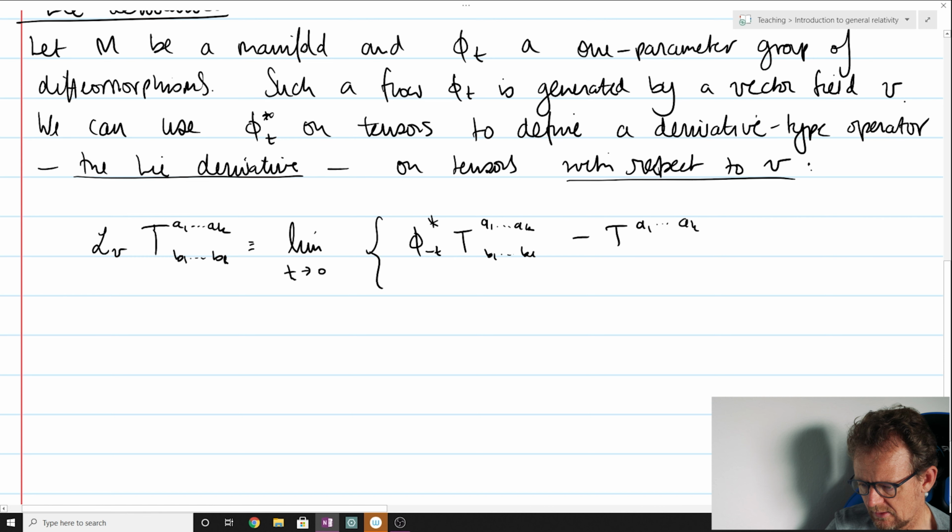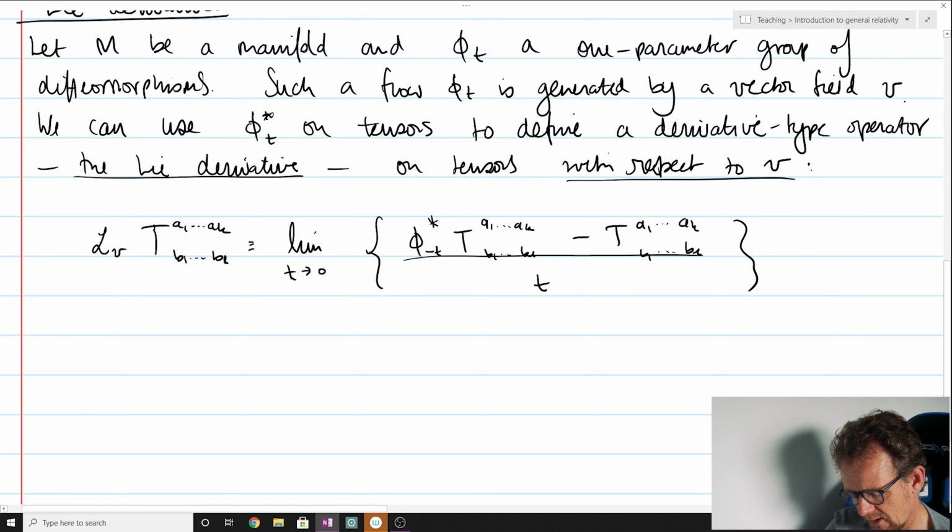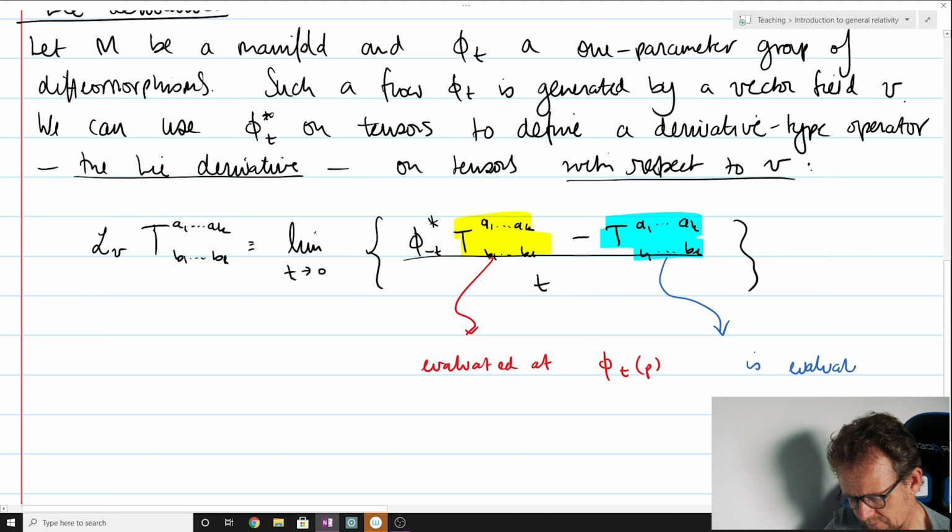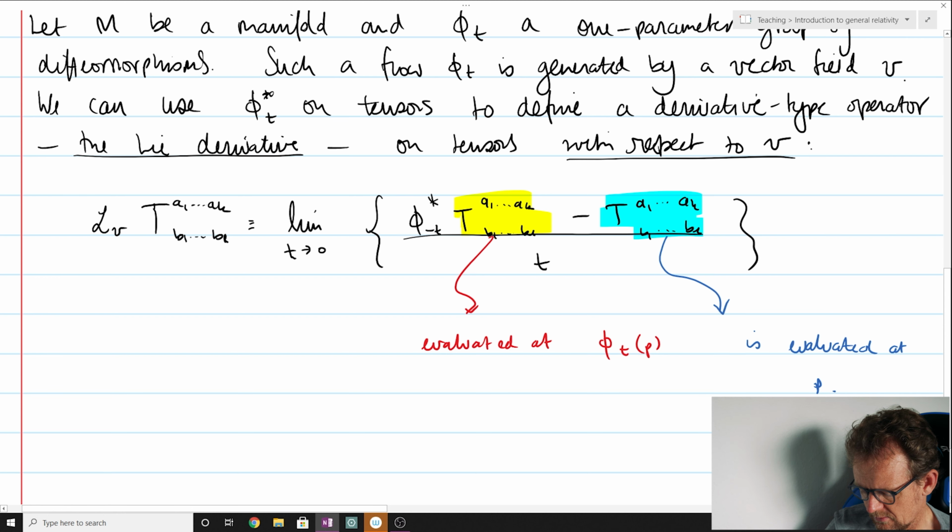They both arise from a tensor field T, but this tensor here in yellow is evaluated at the point phi t of some point P, and this one in blue here is evaluated at P. So that way the tensor in yellow, after phi star minus t acts on it, is at the same point as the tensor T in blue.